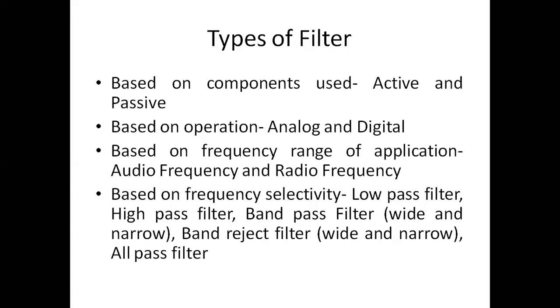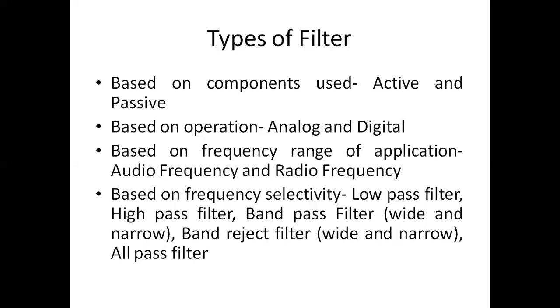A band pass filter selects a particular band of frequency range and rejects the other band, so it has a higher cutoff frequency as well as a lower cutoff frequency. Again, this is divided into wide band pass filter and narrow band pass filter depending on its selectivity and quality factor. Similarly, a band reject filter rejects signals within a band and selects beyond it, so it also has a higher cutoff frequency and lower cutoff frequency.